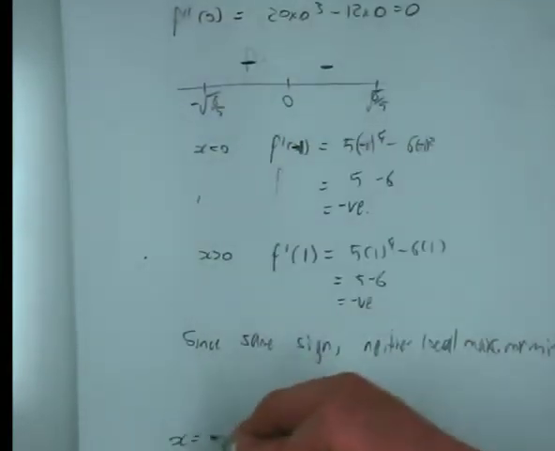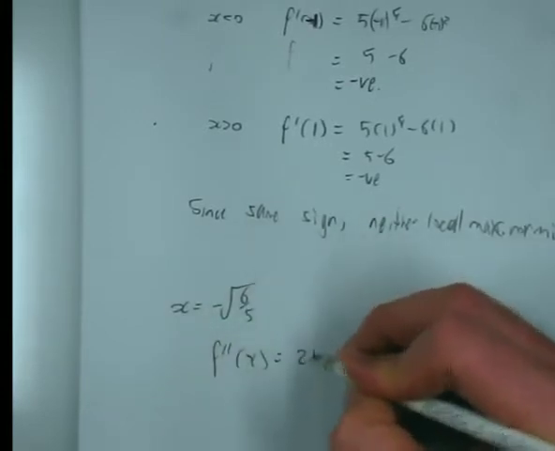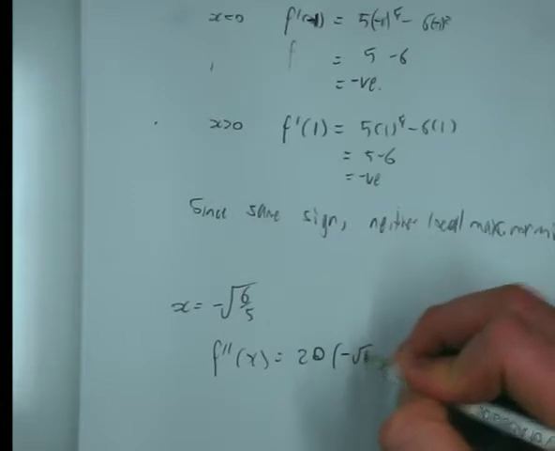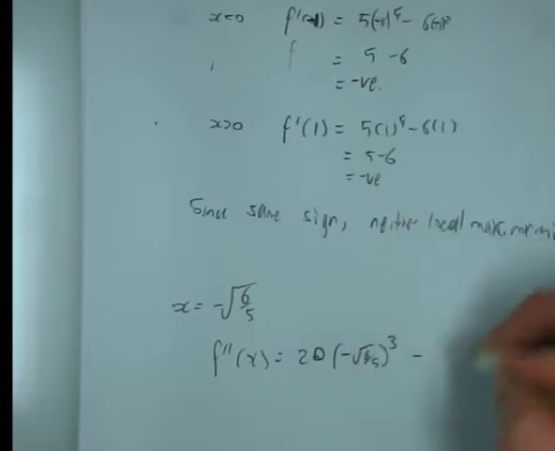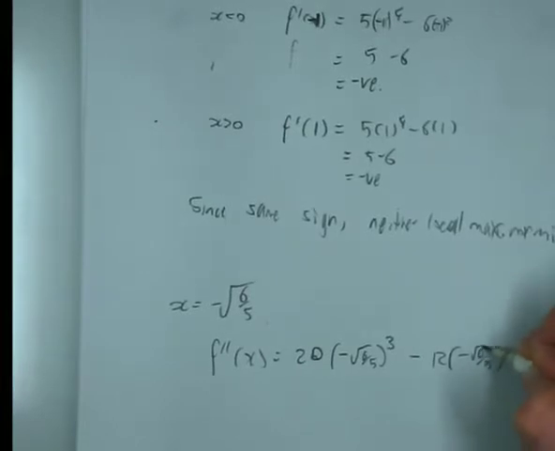When x equals minus root 6 on 5, f double dashed x is 20 lots of minus root 6 on 5 cubed minus 12 lots of minus root 6 on 5, which I have no clue whether that's positive or negative. Root 6 on 5 is sort of 1-ish, so it's got a sort of minus 1-ish plus 12, it's going to be negative. Which makes sense, it's coming down, yes.